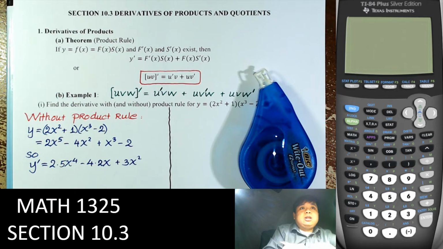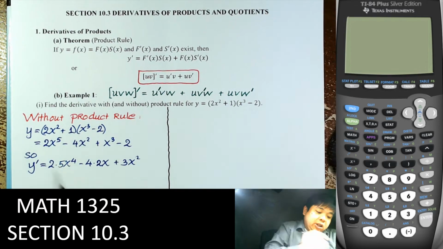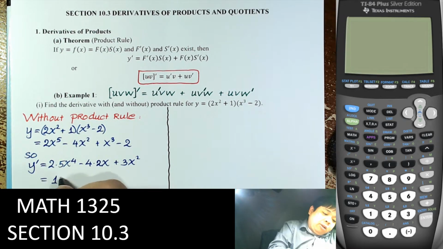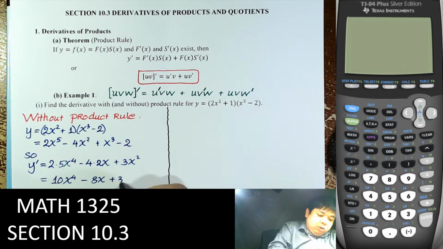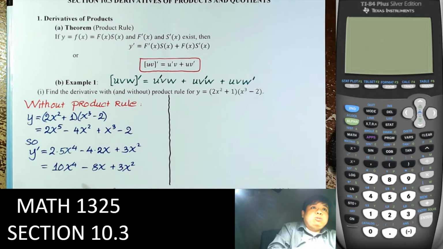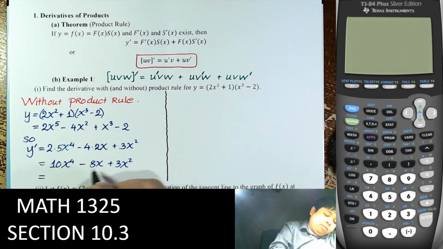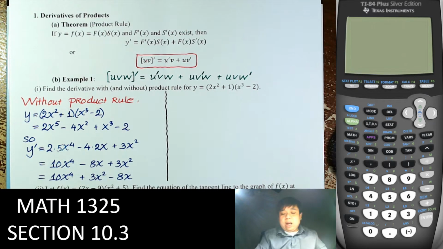The derivative of negative 2, that constant, will be 0. So we have 10x to the fourth minus 8x plus 3x squared. Of course, you can put them in decreasing order: 10x to the fourth plus 3x squared minus 8x.